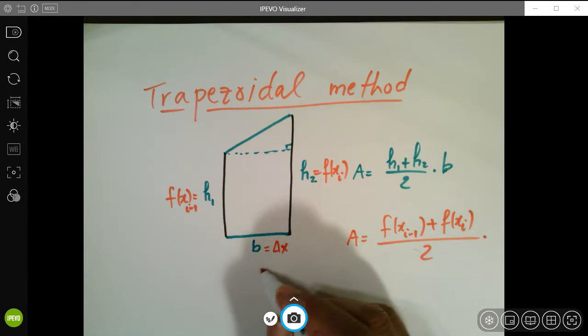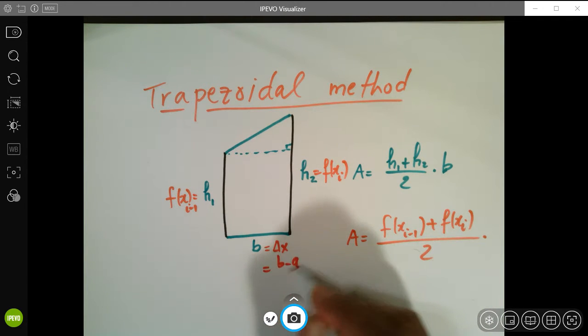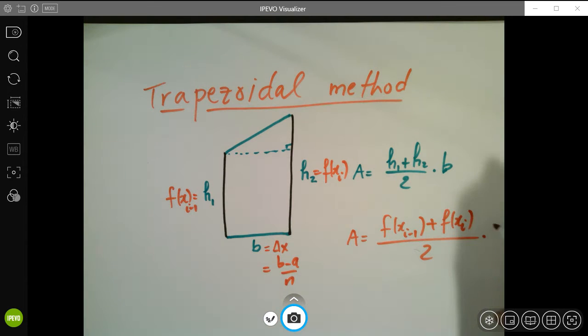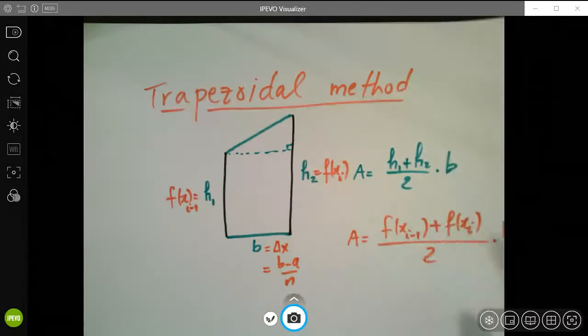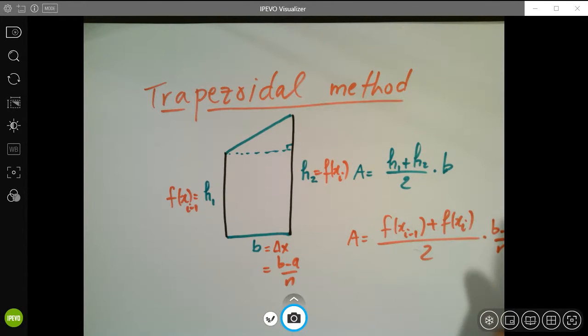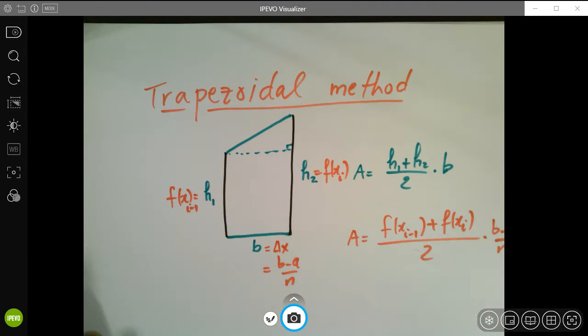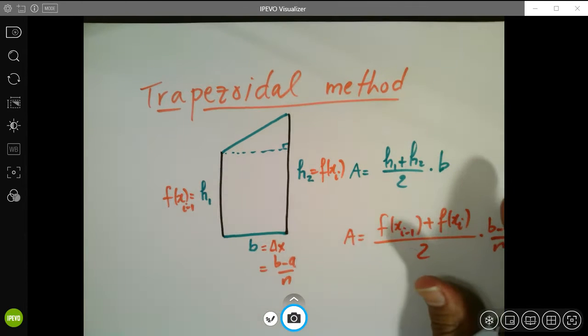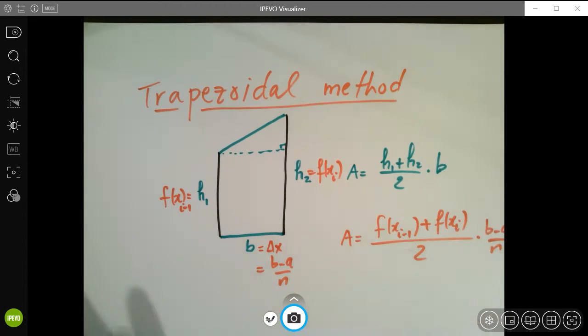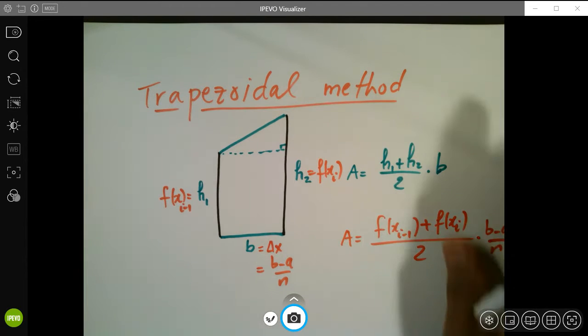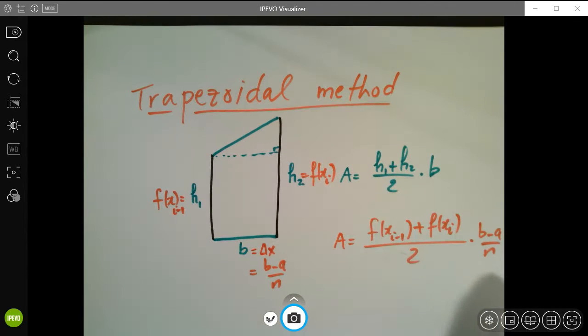And what is delta x? Usually it is b minus a over n.